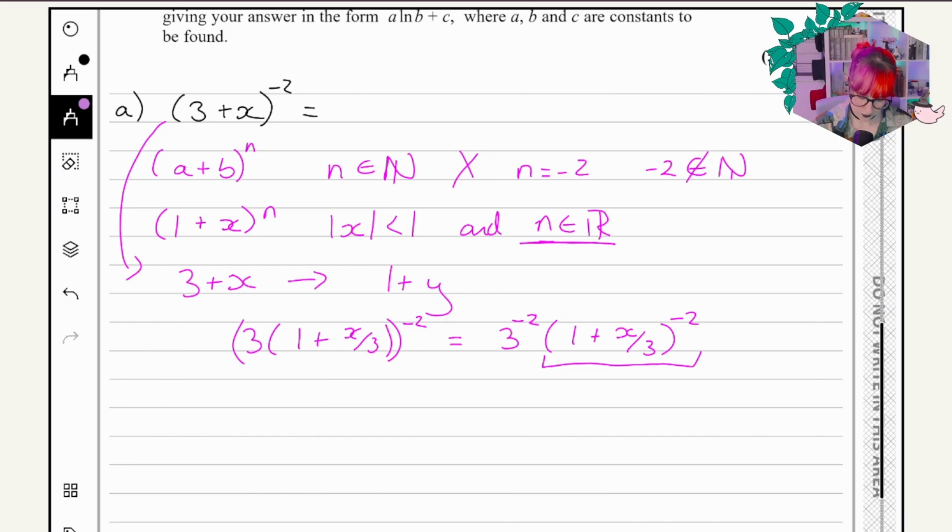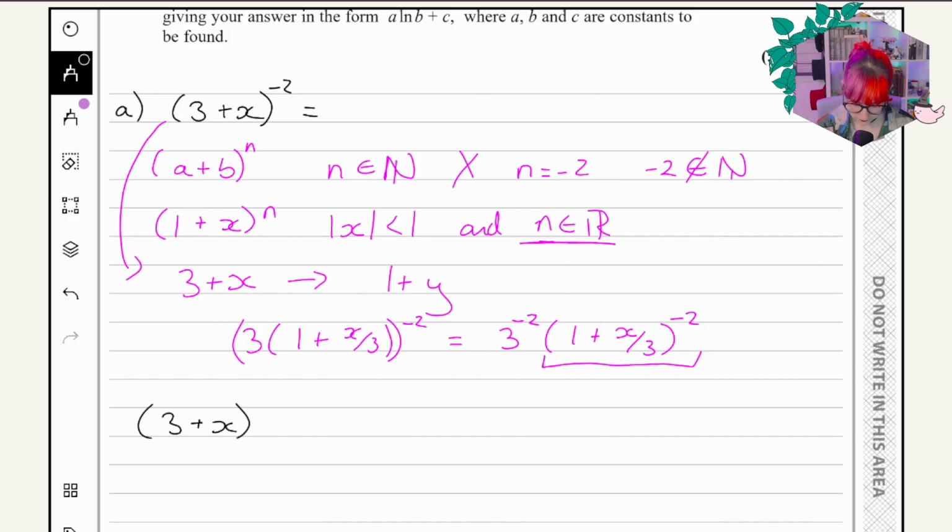Okay, so using the expansion, we use our formula booklet. So we get 1 plus minus 2, and then we have that in front of x/3 now.